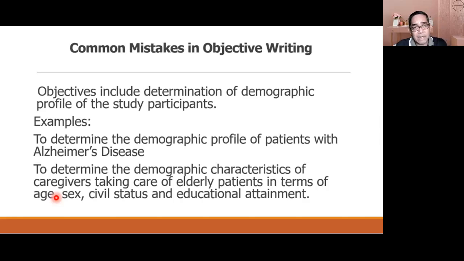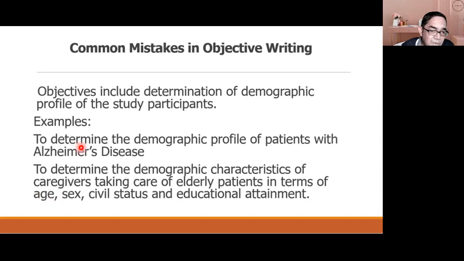I told you a while ago that the research objective is supposed to direct you what you want to achieve in the paper, what you want to achieve with your research. Demographic profile is not part of it.